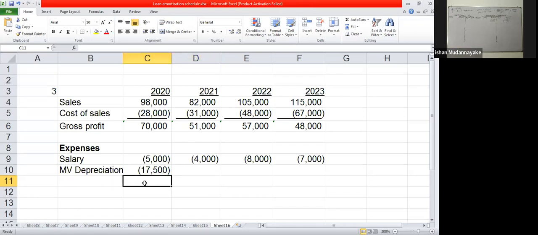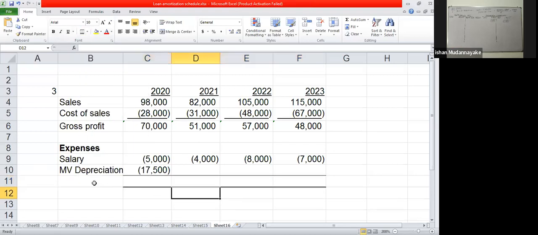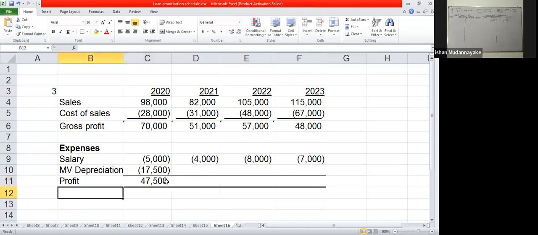Right, and then calculate the profit. The first year profit is 7,500. 4,500 profit.